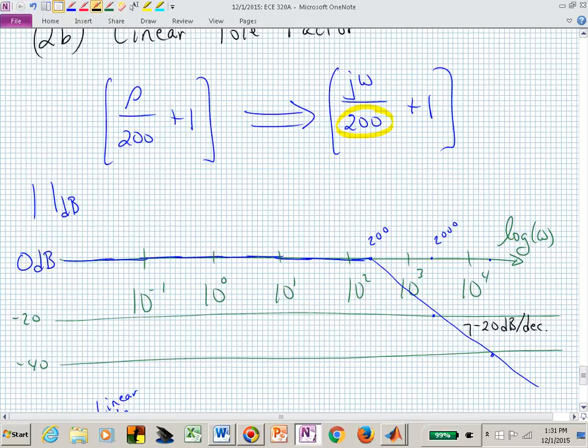That's the half power point, or that's this 0.707, or that's minus 3 dB. So you would actually be a little bit below this point, and you would be at minus 3 dB in the actual curve, the true curve. We're just sketching the approximations. Question?